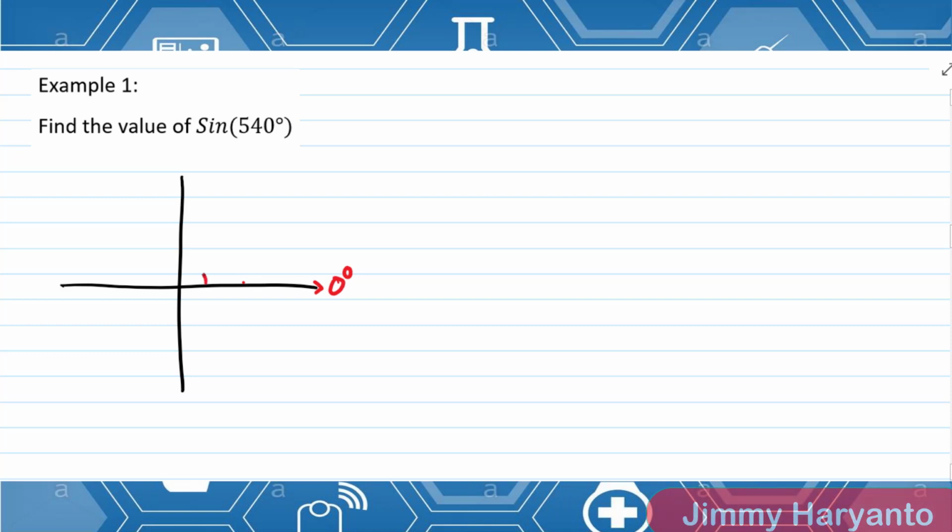You move counterclockwise 1 time, it's already 360 degrees, right? But this angle is 540 degrees, so it's not enough. You have to move again until you get here. So 360 plus 180 degrees becomes 540 degrees. That is the meaning of a large angle.